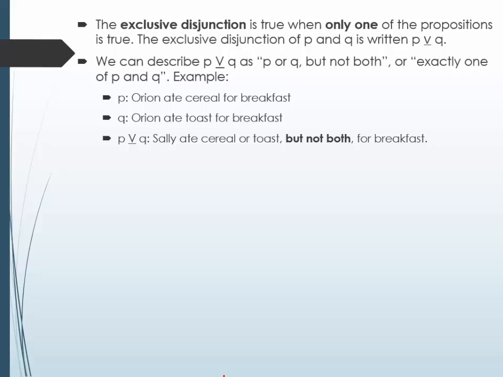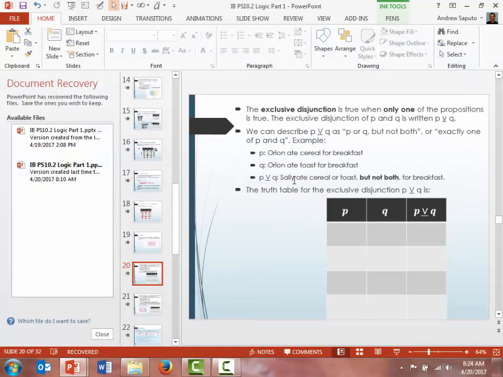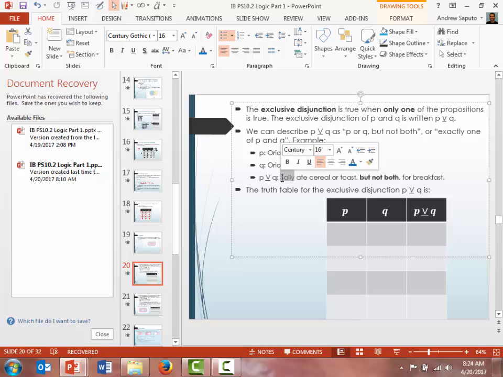Or exactly one of P and Q. Exactly one, but not both. Okay? So that should be not Sally, that should be Orion there. Orion ate cereal for breakfast. Orion ate toast for breakfast. We are not talking about Sally.